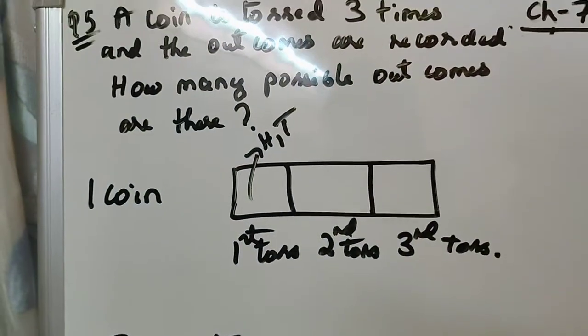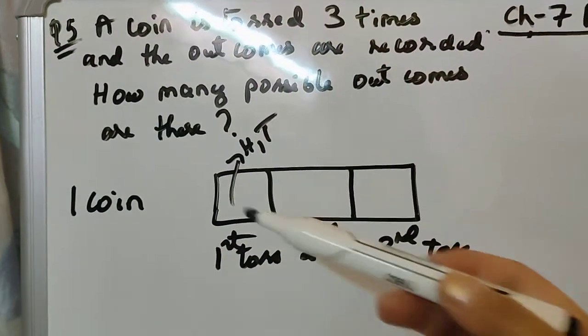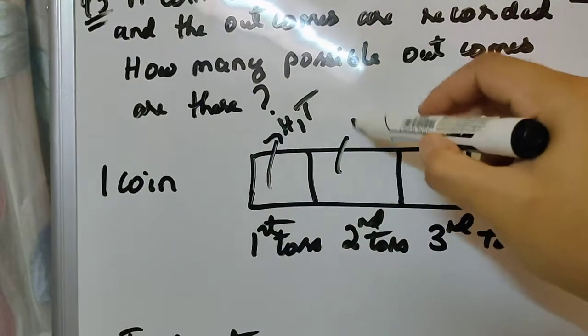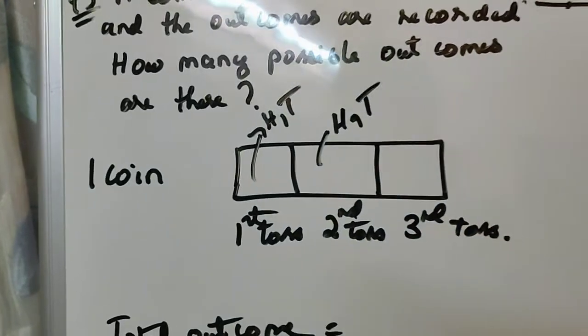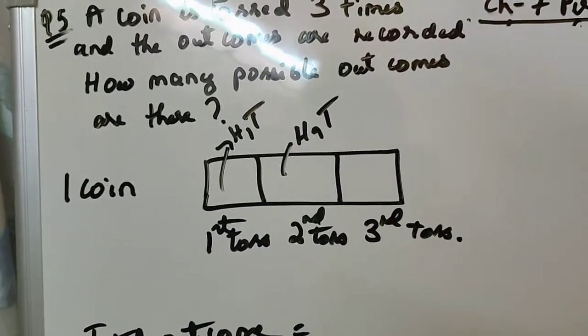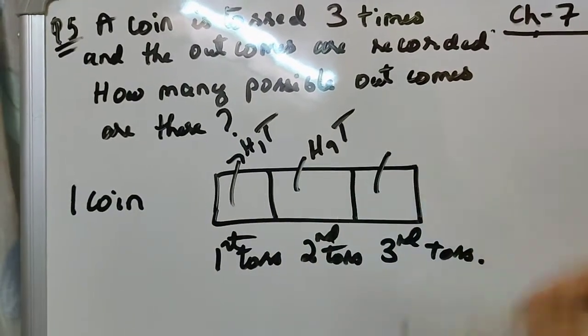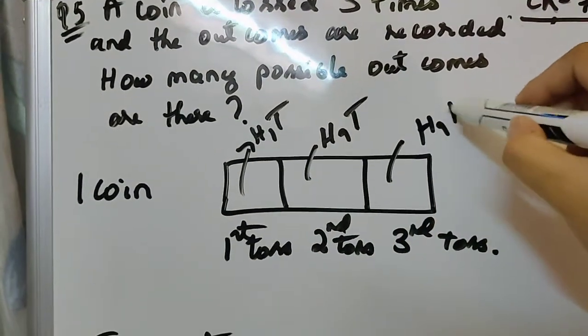2 outcomes. And again the same coin, if I toss a second time, again I will get head or tail only. Now in the third also I will get either head or tail.